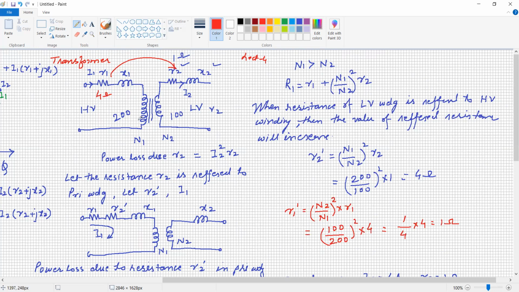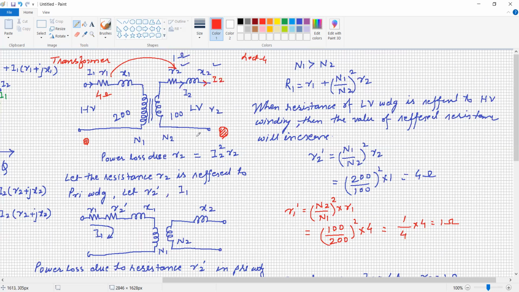As the number of turns increases, the length of wire increases, and the resistance of a wire is directly proportional to length and inversely proportional to cross-sectional area. So in a transformer where the number of turns is more, the cross-sectional area is smaller because it is handling a small current. The high voltage side has small current. In the low voltage side, the current will be very high as compared to the primary winding, so the thickness of the conductor is somewhat higher to carry the large amount of current.